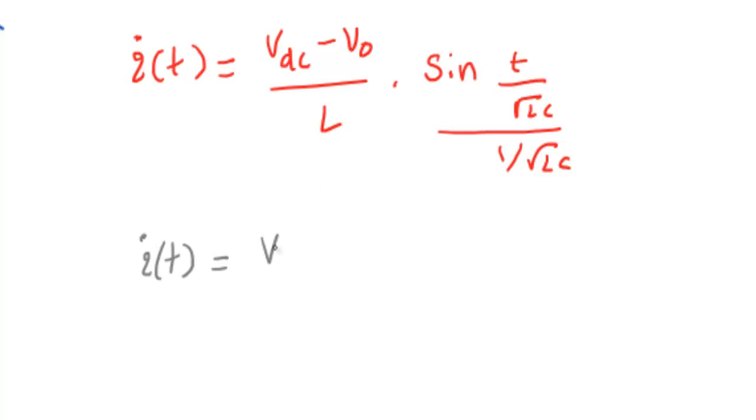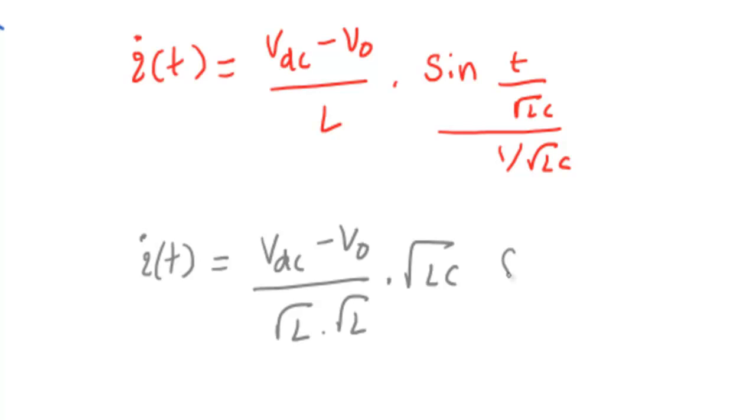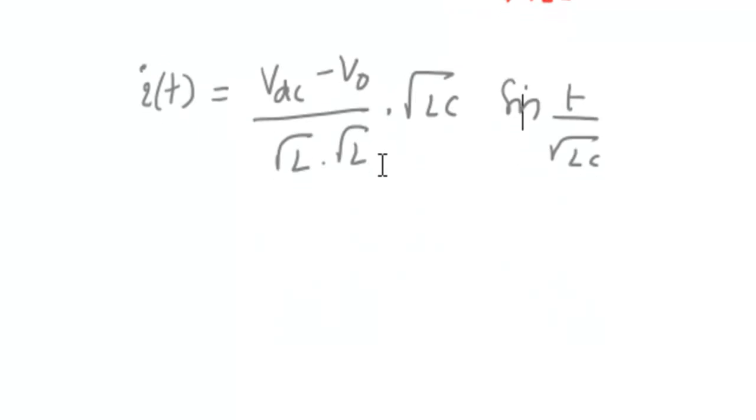That means (VDC minus V naught) divided by root L into root L, because I am taking that L as root L into root L, into root LC into sin(t by root LC). So now root L gets cancelled, and 1 by root LC will be taken as omega naught. That's nothing but a kind of resonance frequency.